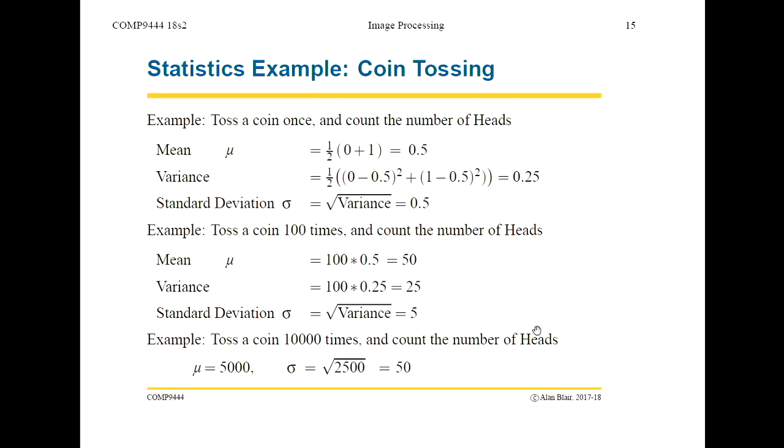Now, if we toss the coin 10,000 times, the mean is going to be 5,000, but the variance is 2,500, so the standard deviation is 50. So it's 5,000 plus or minus 50.